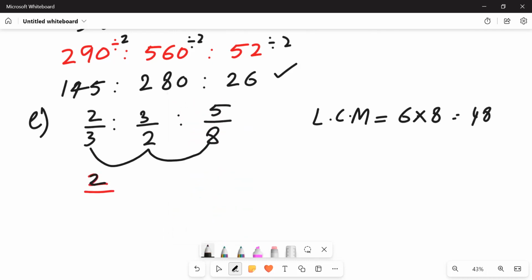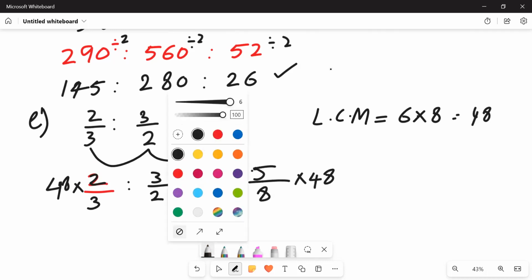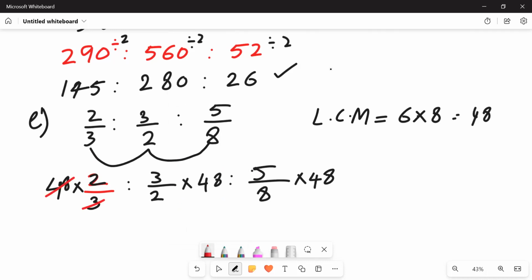It is 48 and this one also 48 and this one also 48. Now cancel. 3, how many times? 1 times and 16 times is 48. 16.